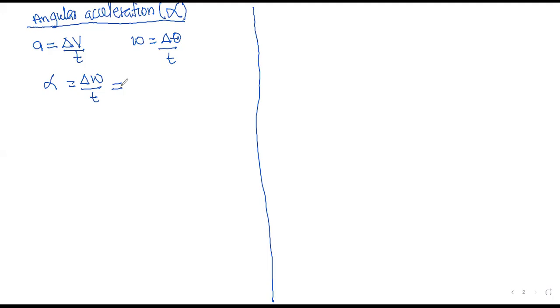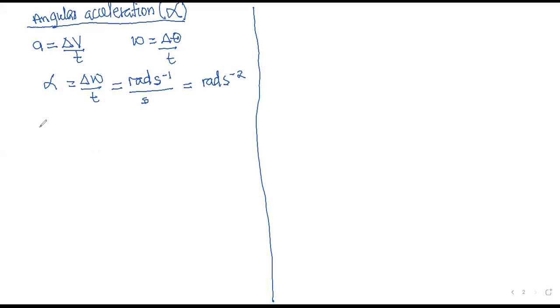Okay, so since angular velocity is radian per second, then time is in seconds. The SI unit of angular acceleration will be in radian per second squared.